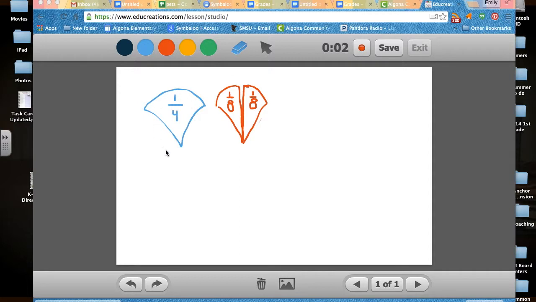Okay, so what Daniel is trying to explain is that if we have 1/4 and 2 1/8, we would have 1/8 plus 1/8 would equal 2/8.